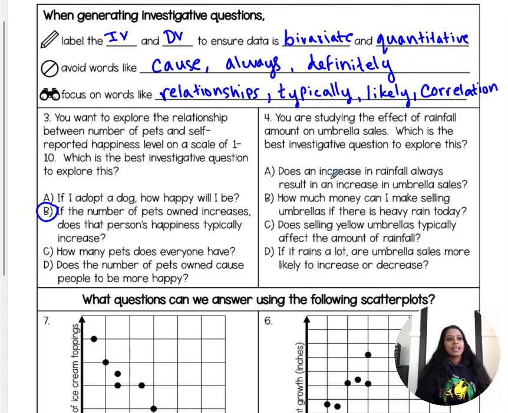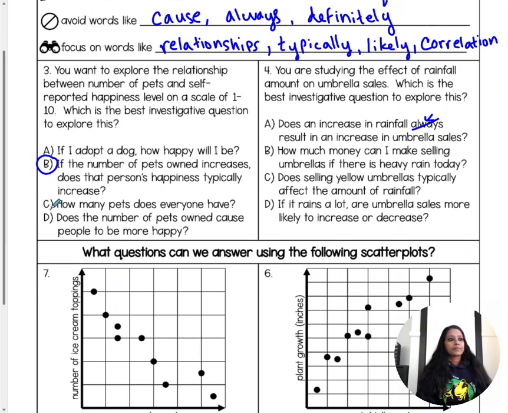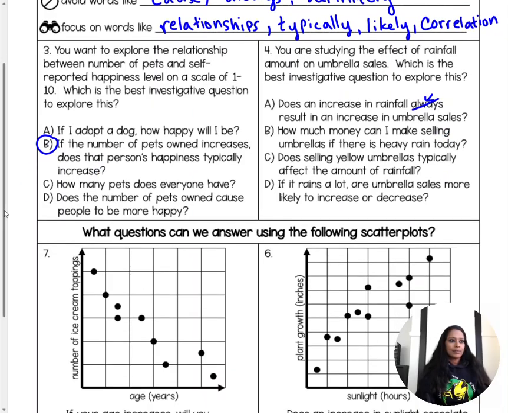Does an increase in rain always, oh, we don't like the word always, so we're not going to use that. How much money can I make selling umbrellas if there is rain today? That also doesn't work.